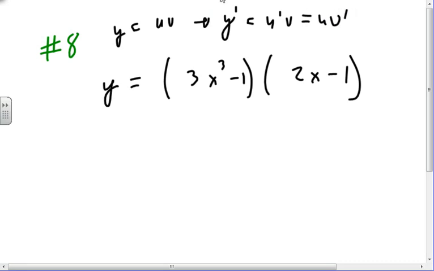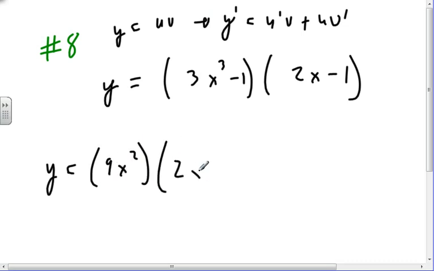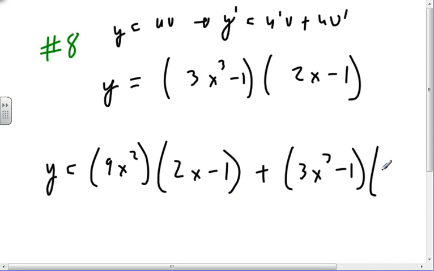If I had a plus sign there, that would be wonderful. All right, so that being the case, y prime is equal to 9x squared times 2x minus 1, plus 3x cubed minus 1 times 2. And again, that would be perfectly okay. There's no reason to go on past that.